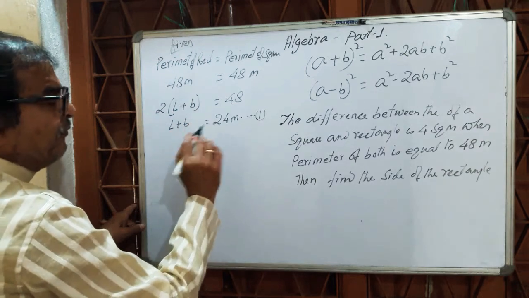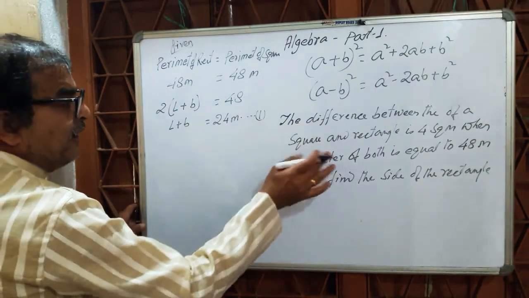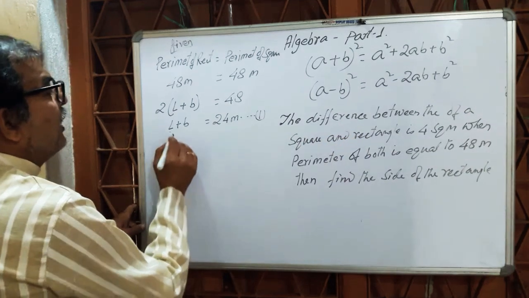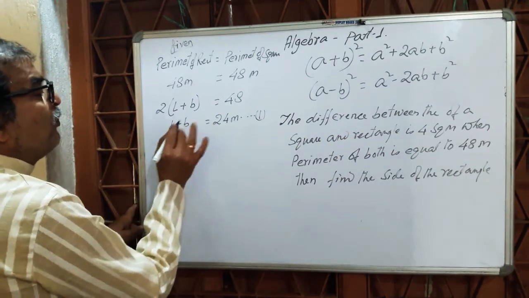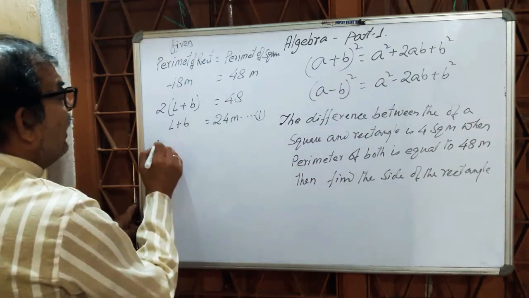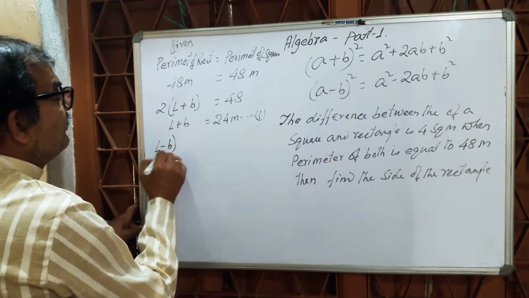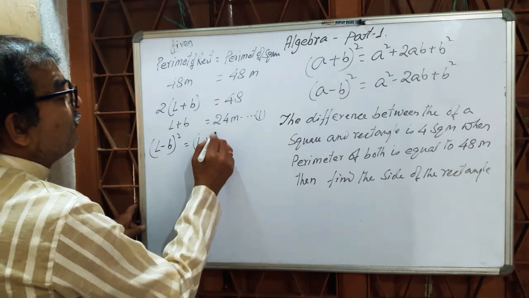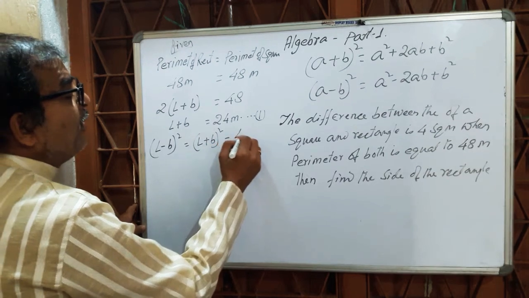Then another thing, the difference between the areas is 4 square meter. Now I have got L plus B, but I don't know L minus B. You can go by this formula: L minus B whole square equals L plus B whole square minus 4LB.